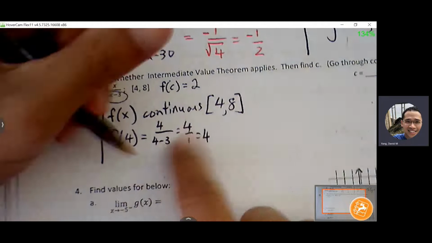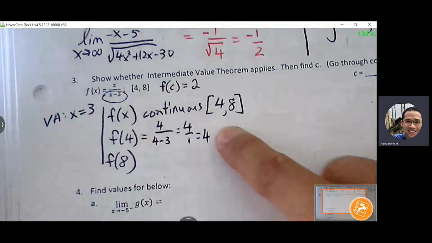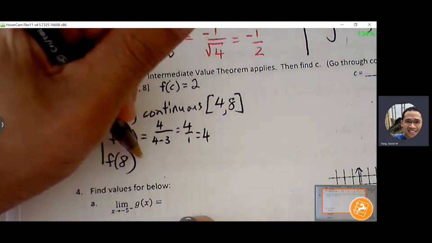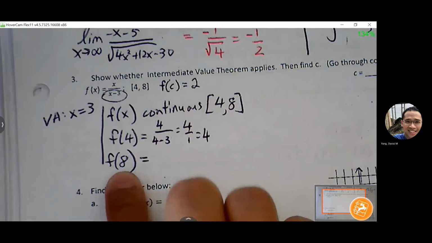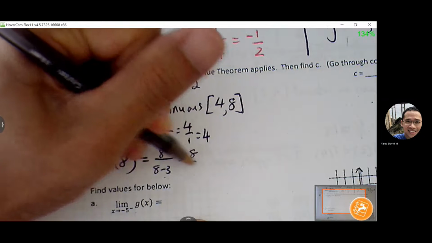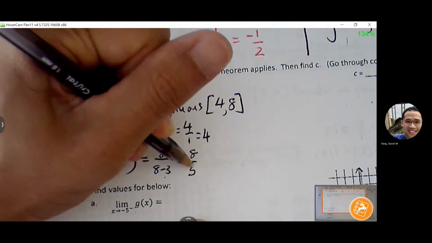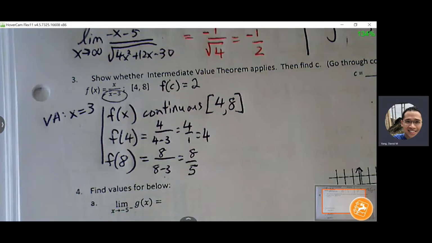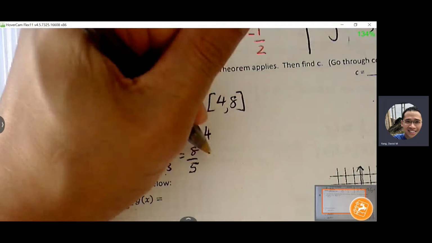Okay, so f of 8, we have a y value above 2. Now we're hoping to find a y value below 2. Eight over 5. So 8 over 5 is less than 2 because we know 10 over 5 is 2.